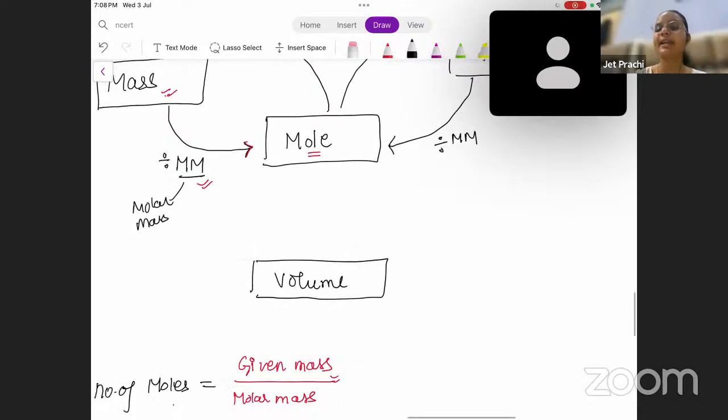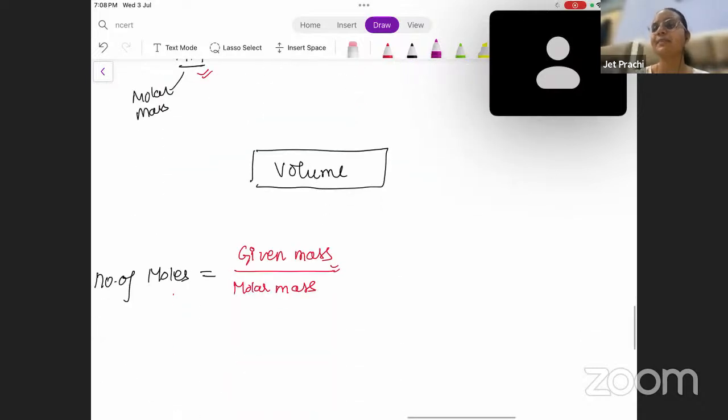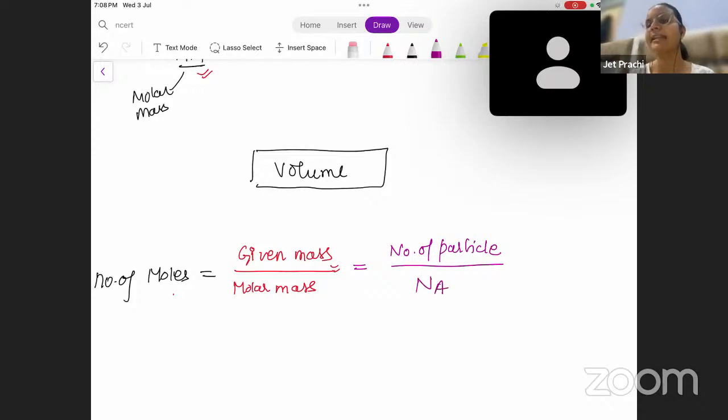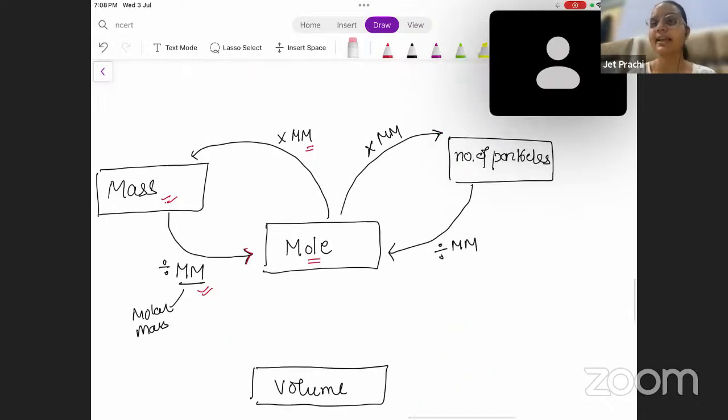So from here, what I can write is that the number of moles can be found out by dividing the number of particles by Na. So yes, I wrote molar mass, but what we have to write here is Na, right? We have to do it with respect to Na.